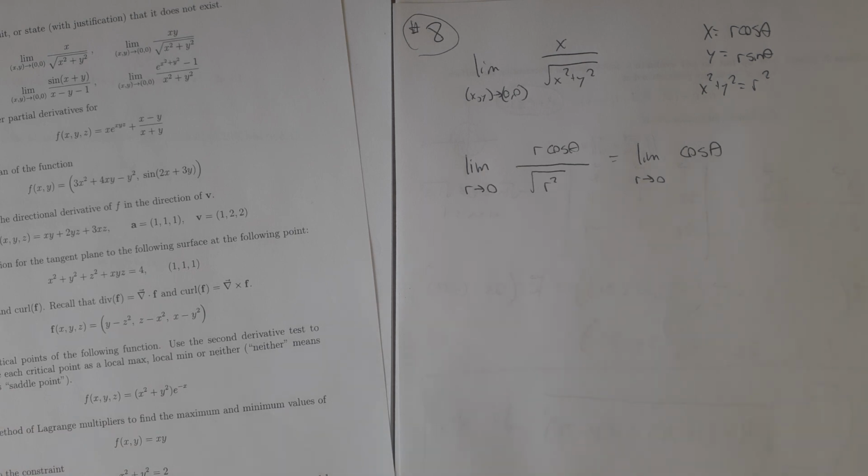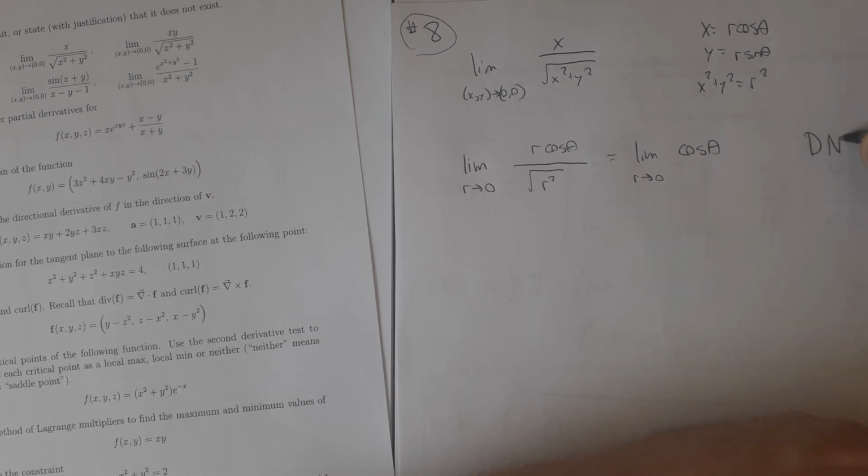Theta could be anything. Theta could even depend on r. Theta could take different values, and in this case, r is completely gone, so it hardly matters that r is going to 0. The fact that this still depends on theta and there's no r's means that this does not exist.